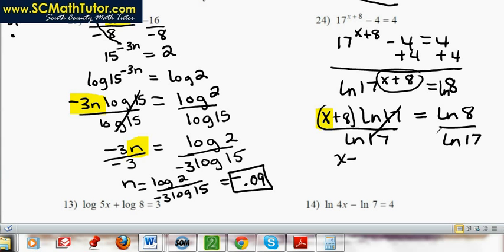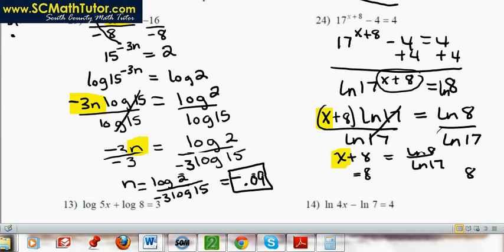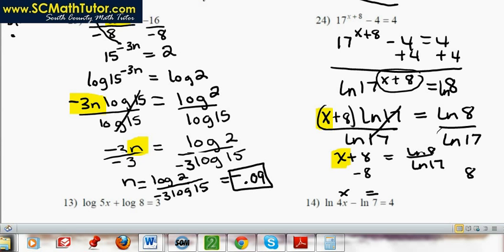So x plus 8 is equal to ln 8 over natural log of 17. Those are numbers. Now we want to get x by itself. Plus 8 is keeping x from being by itself, so we subtract 8 on both sides. So x is equal to ln 8 over ln 17 minus 8.